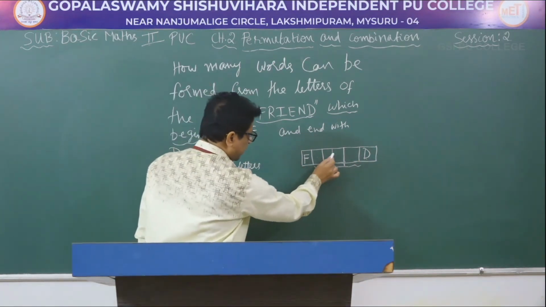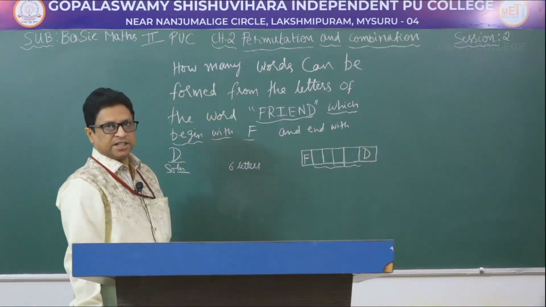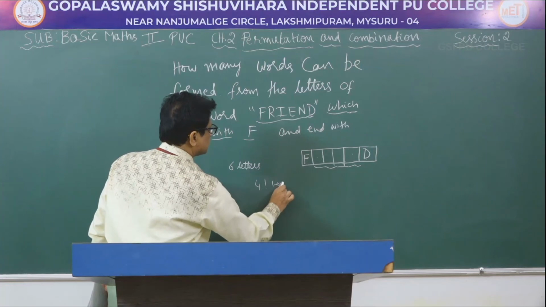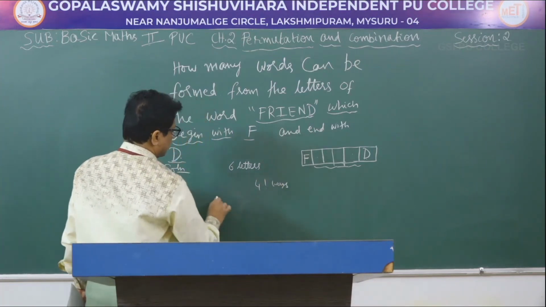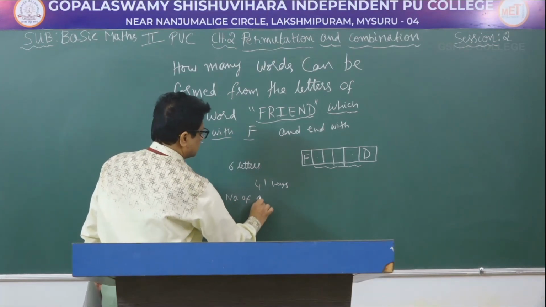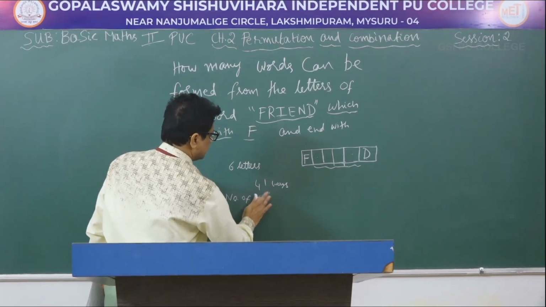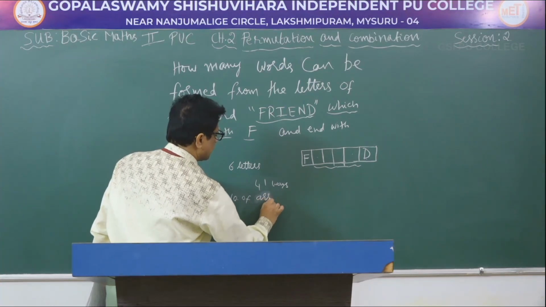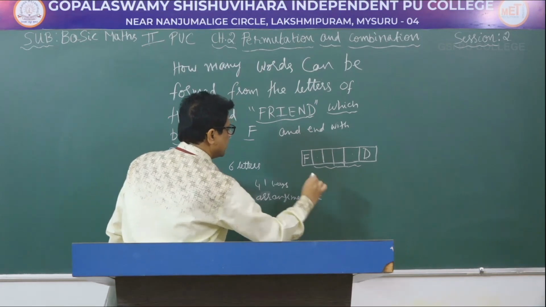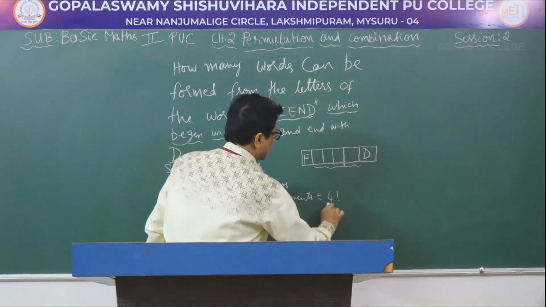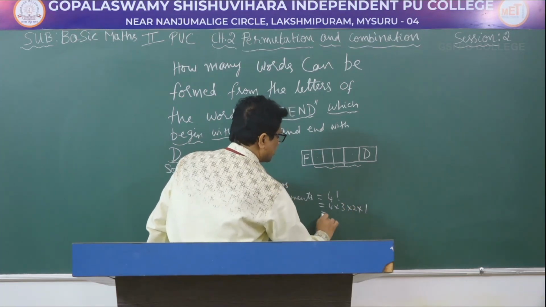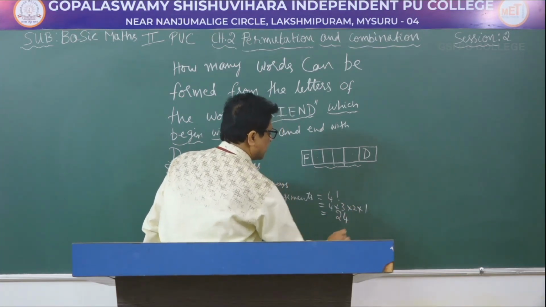Now, the remaining 4 letters can be arranged in 4 factorial ways. Therefore, the total number of arrangements is equal to 4 factorial, which is equal to 4 into 3 into 2 into 1. 4 3s are 12, 12 2s are 24.